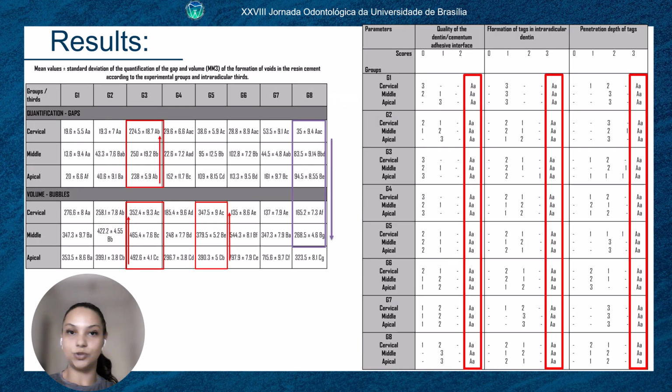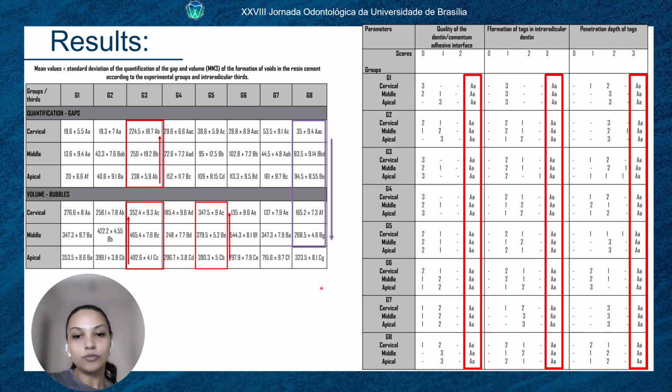Our results showed that groups treated with indocyanine green and curcumin had more defects in the adhesive interface, presenting greater gap formation between the resin cement and dentin and higher volume of bubbles within the cement.